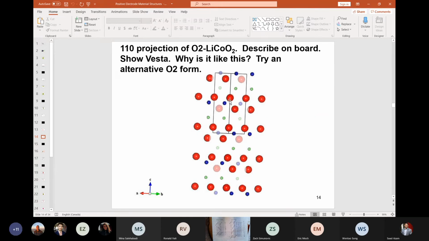The middle layer has to be backwards to have an O2 structure. I suppose it's worth just showing you what I mean. So somewhere I have a diagram like that. Where is it? Here we go.